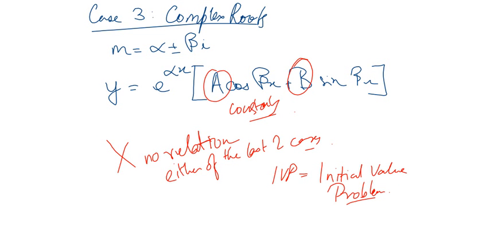So this is how you solve second order differential equations, and we will discover about the basis of solutions and linear independence of solutions in the upcoming videos. So just a quick revision of what we have gone through.